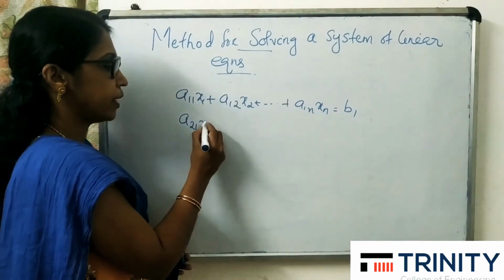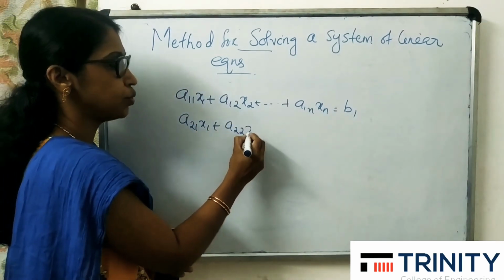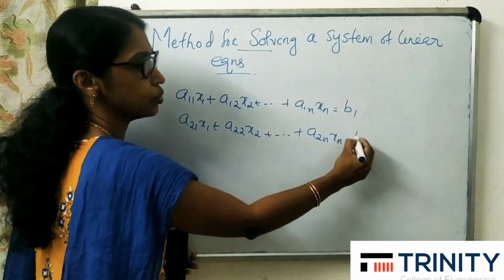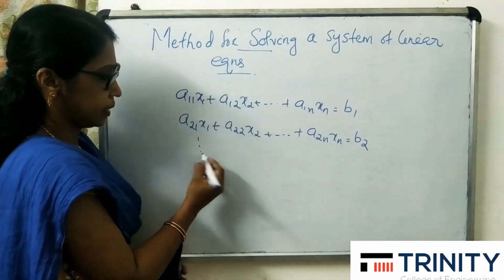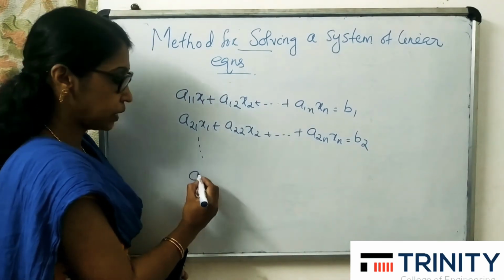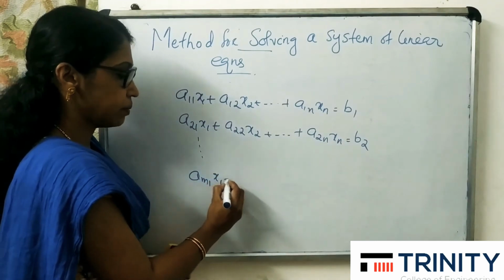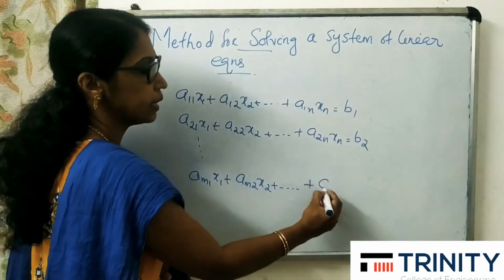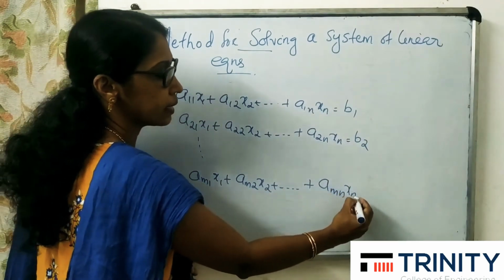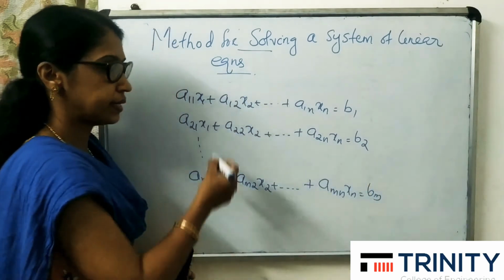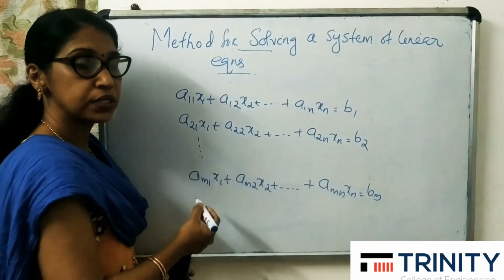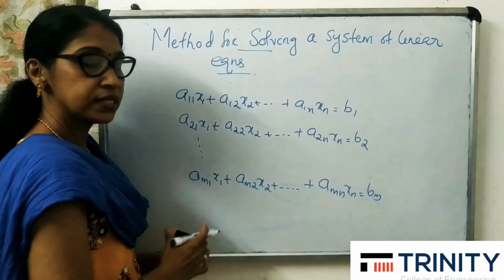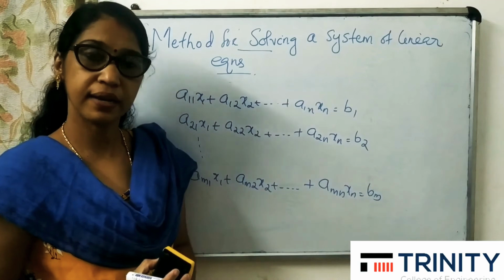Second one, a21x1 plus a22x2 plus etc. plus a2nxn is equal to b2, etc. Last equation, the mth equation, that is am1x1 plus am2x2 plus etc. plus amnxn is equal to bm. These are the m linear equations in n unknowns. What are the unknowns here? x1, x2, etc. xn are the n unknowns.